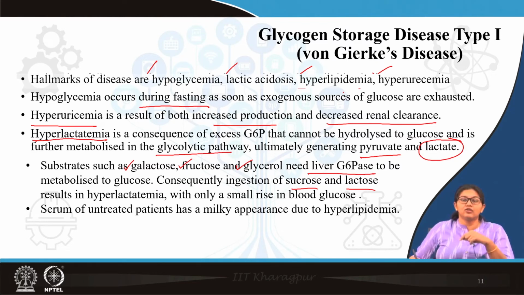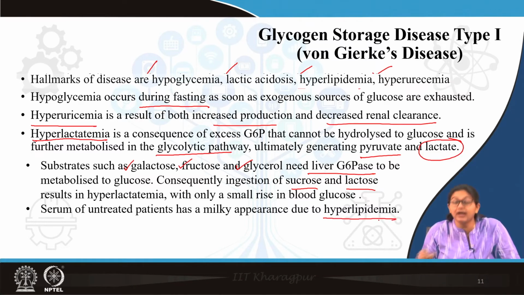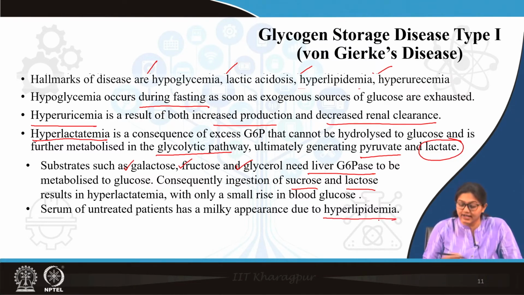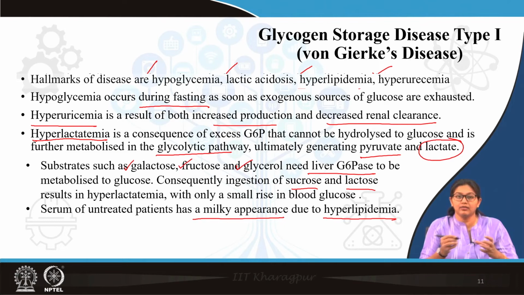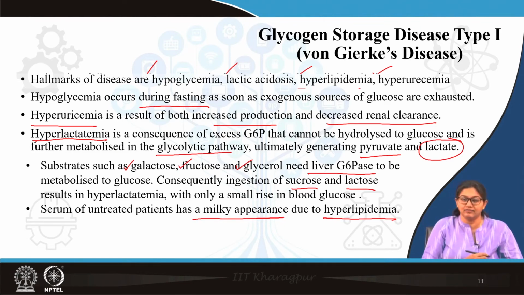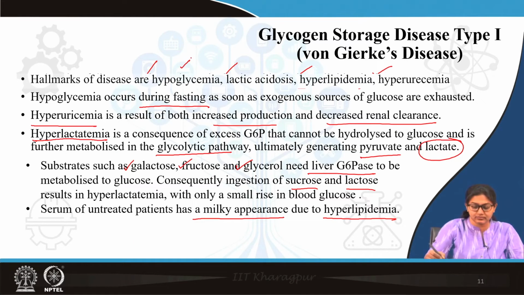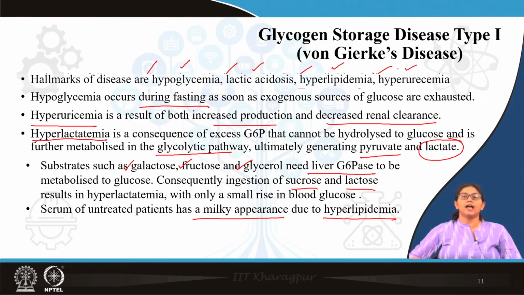Hypoglycemia is sensed by glucagon, and that glucagon is actually inducing more production of triglycerides, and that is causing hyperlipidemia, and it is actually giving rise to a milky appearance in blood. So, we have discussed the 4 important hallmarks of von Gierke's disease, that is hypoglycemia, lactic acidosis, hyperlipidemia and hyperuricemia.